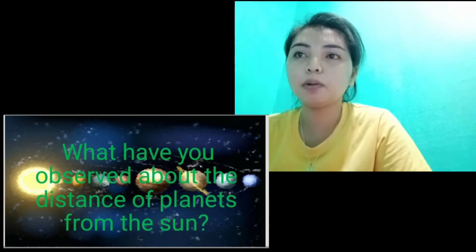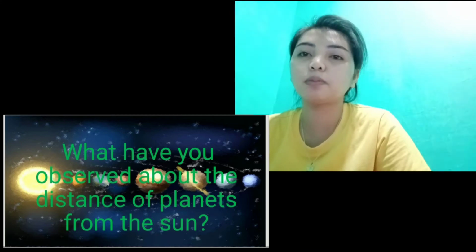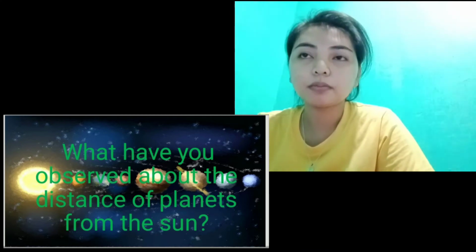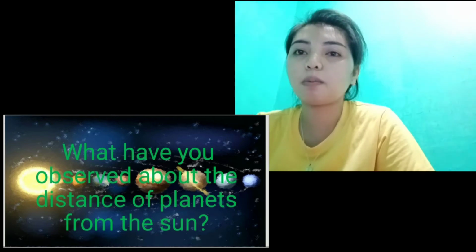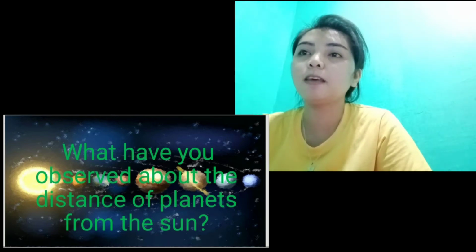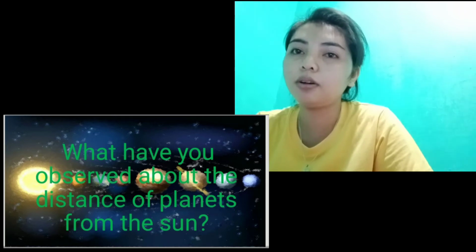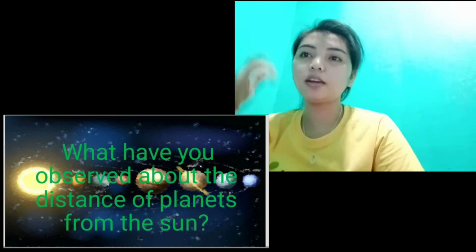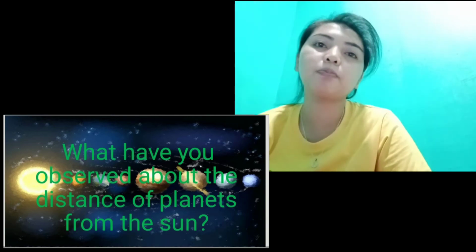And the last question, what have you observed about the distance of planets from the sun? Based on your activity, I measured the distance of every planet from the sun, and their distances are all different. They have their own distance. Let's start.